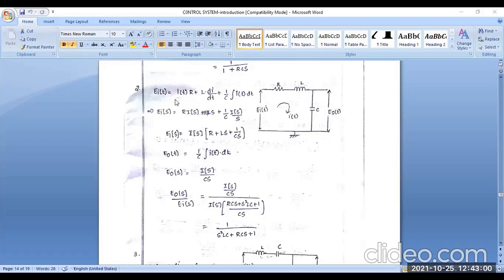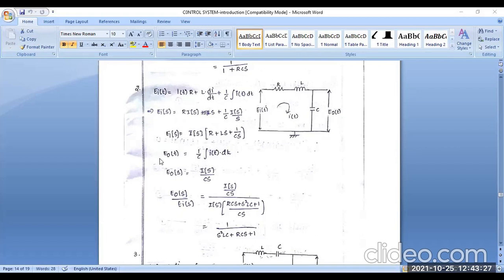Then we apply the Laplace transform to the given input signal. So we write E_i(s) equal to R I(s) plus I(s) LS plus 1 by C, I(s) by S. Here I(s)LS is for the inductor coil.